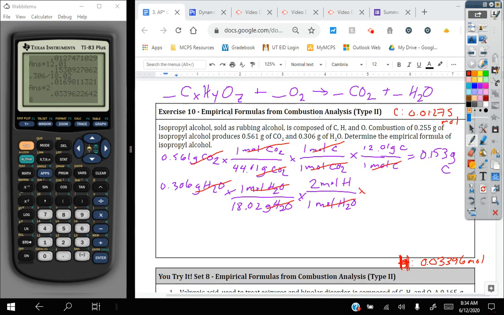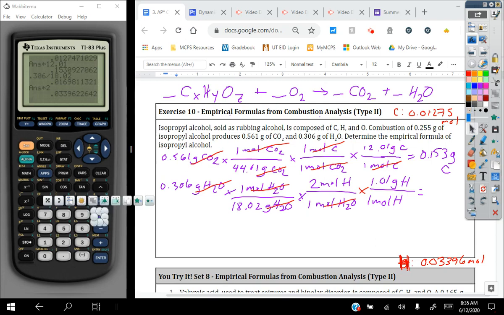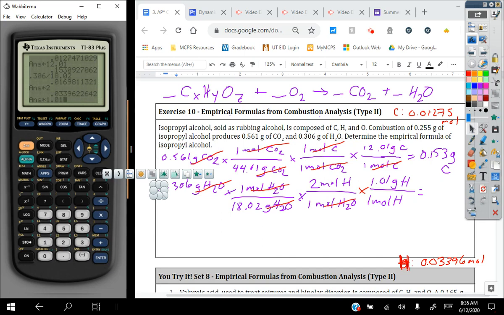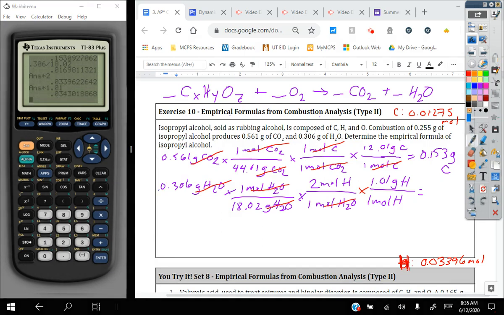So then our last part is just figuring out our 1 mole of H is equal to 1.01 grams of H. Now I need this because, again, I'm going to still need to find out how many grams of oxygen are in my original formula. So I'm going to multiply by 1.01, and very similar number in grams, but I get 0.0343 grams of H. Okay.